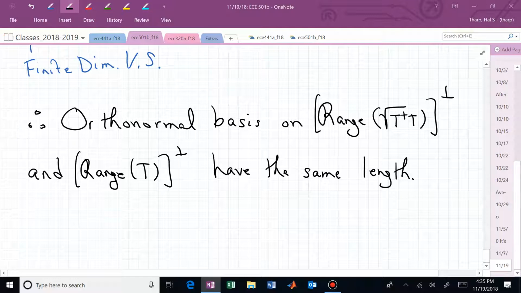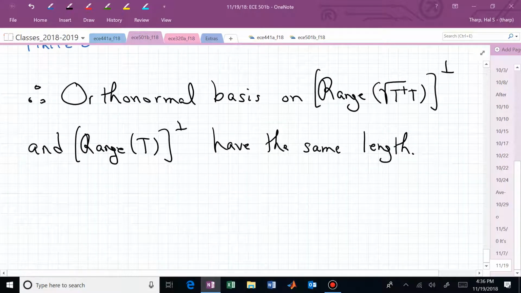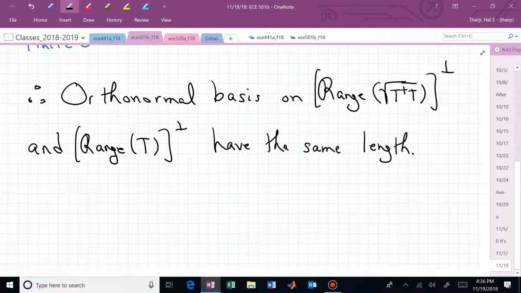In our example, I think we said they had length of 4. So now the basis vectors may not be the same. These are two different potential vector spaces, meaning the range of the square root of T dagger T has to be rotated to get us to the range of T, and so for the orthogonal complements of those two ranges, we're going to have some rotation to maybe align them.